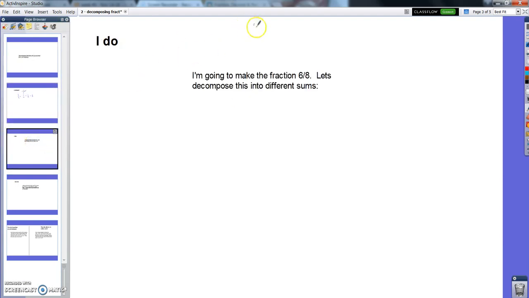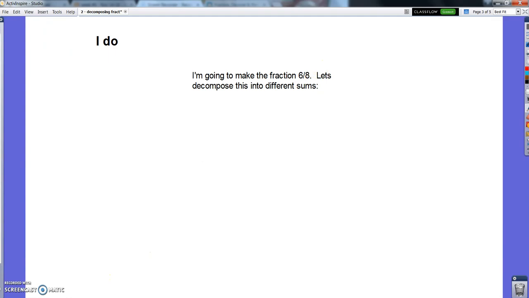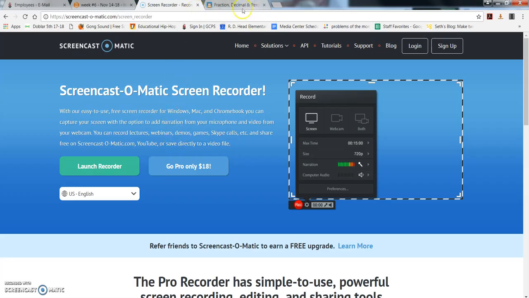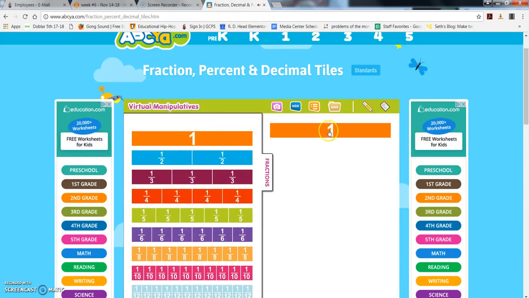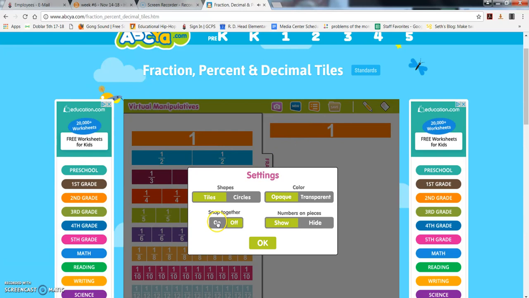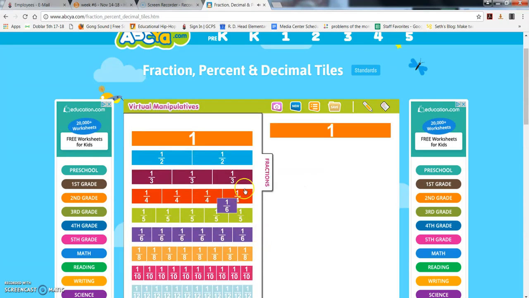So let's see. I'm going to make the fraction 6/8. Here is my whole. Let's see, 6/8. 1, 2, 3, 4, 5, 6.